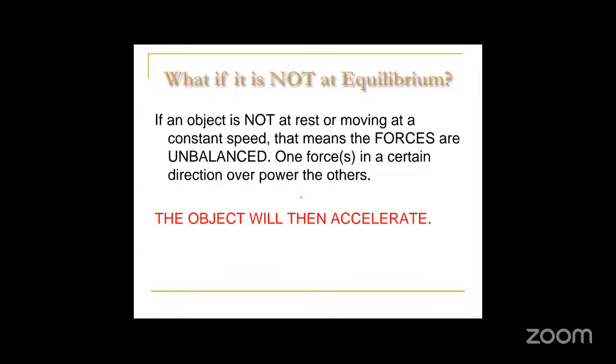So if it accelerates, the sum of F as we have it in the first law will no longer be 0, but equal to the mass of the object and the acceleration.